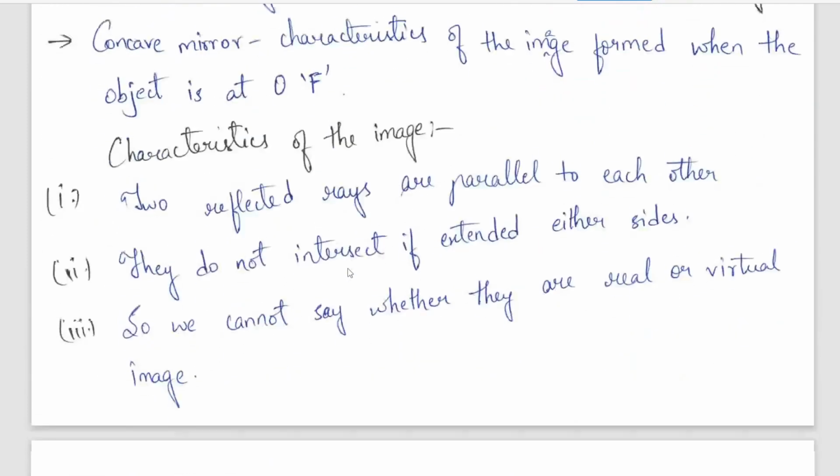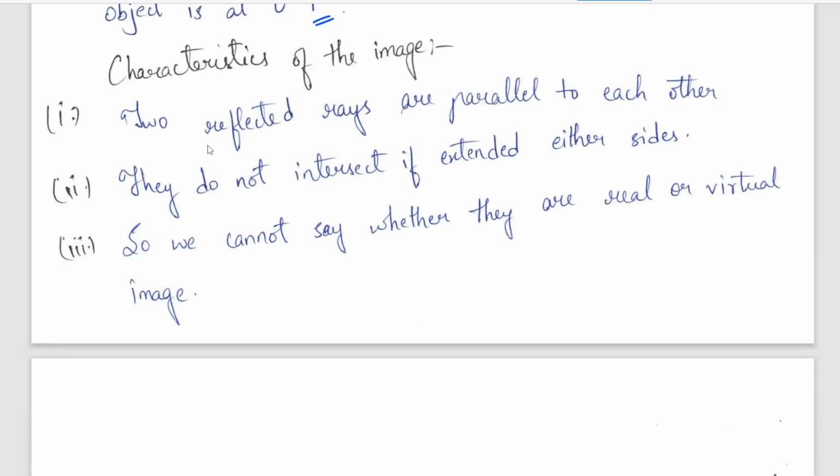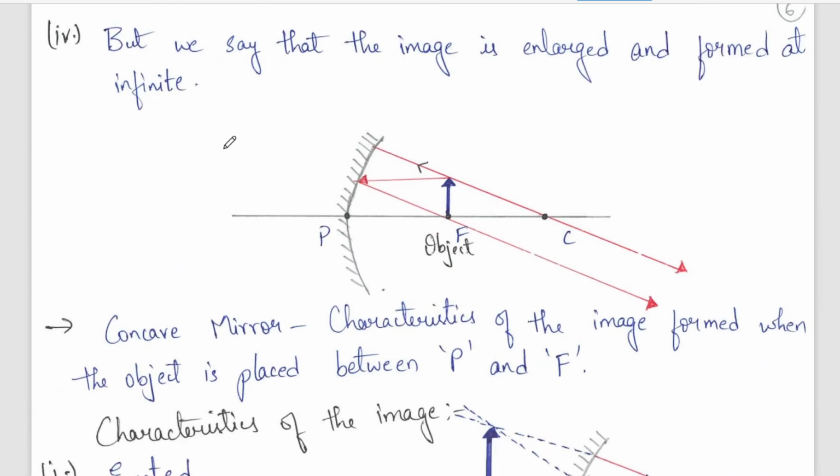Okay. Let us see the next characteristics of the image formed when the object is placed at the focal point, the focus. Next, this is the ray diagram.